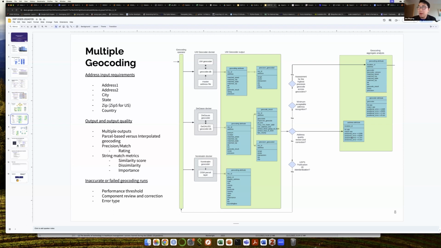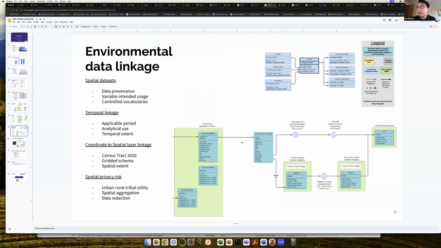So does this one address end up with wildly imprecise or wildly different outputs? We do need to have these captured at this stage at the latitude-longitude level, but eventually this latitude-longitude would need to be linked to a primary attribute level. So in this one, we were talking about census block, or potentially census block group, or census tract.